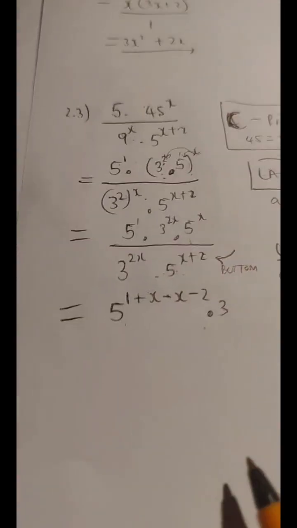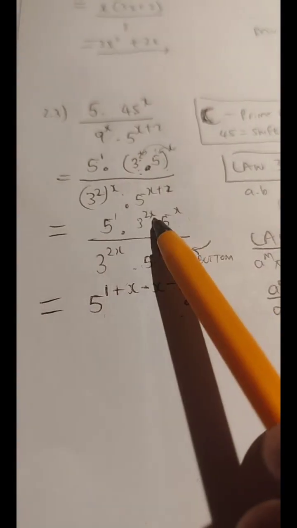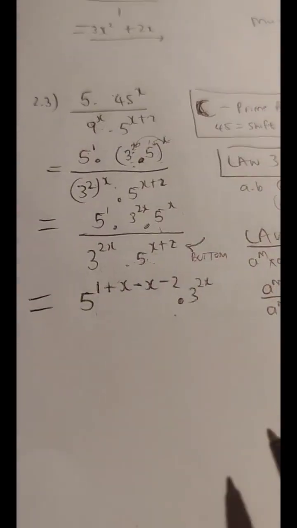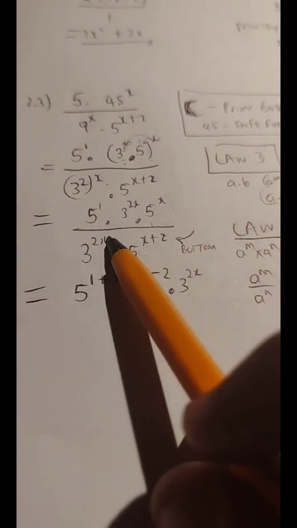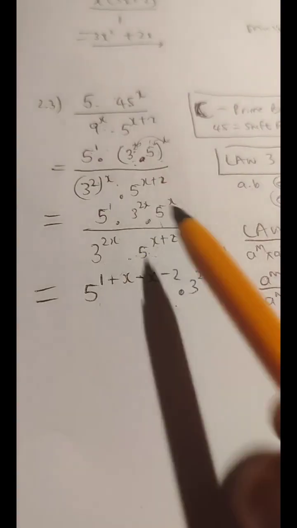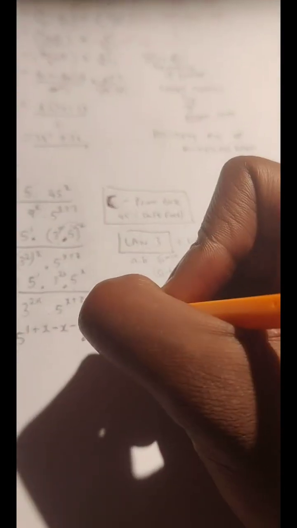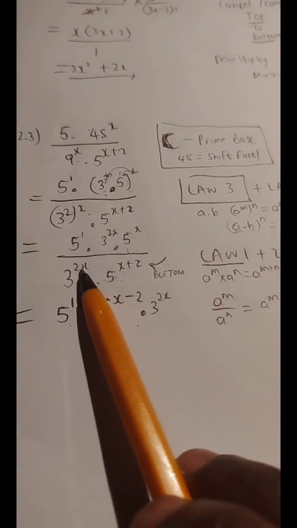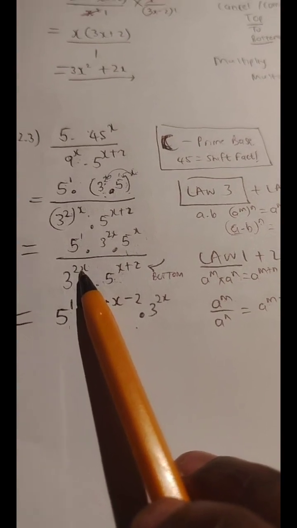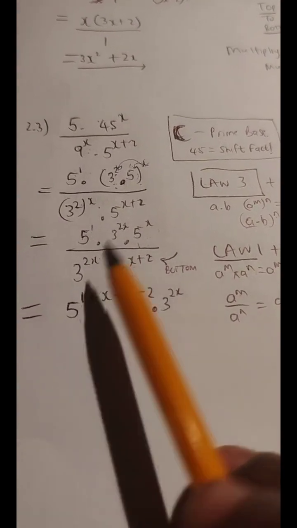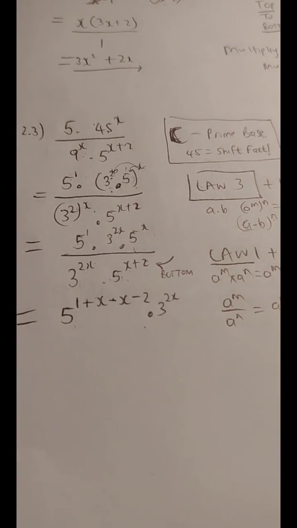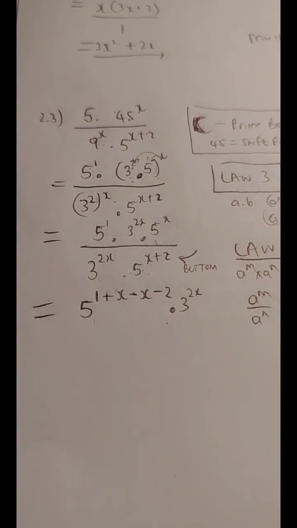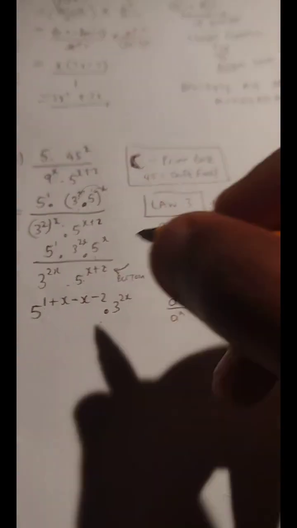We move on to base 3. Base 3 at the top. So base 3 at the top has the exponent 2x in the denominator. What happens when we take it up to the top? This exponent 2x becomes negative 2x.